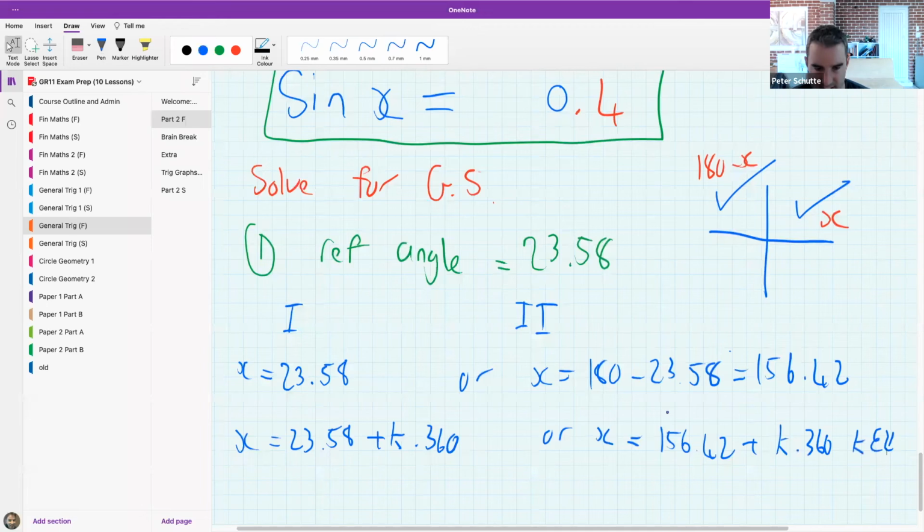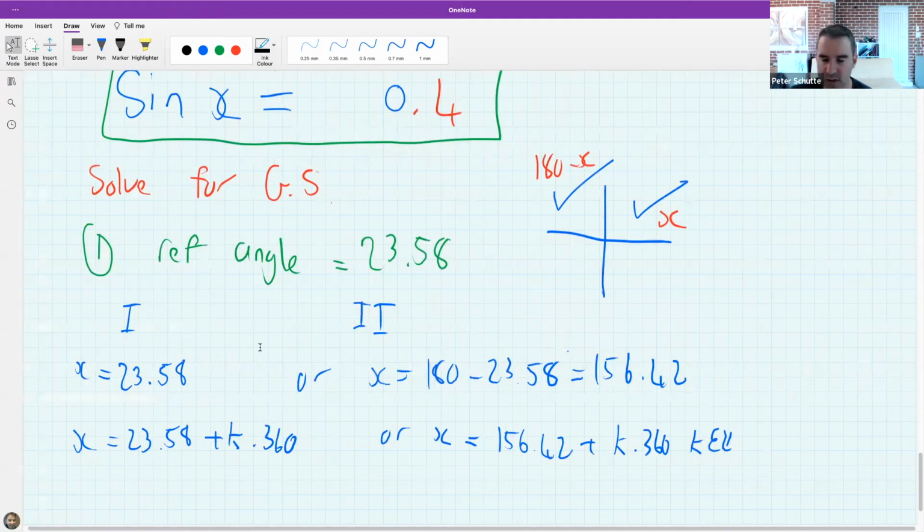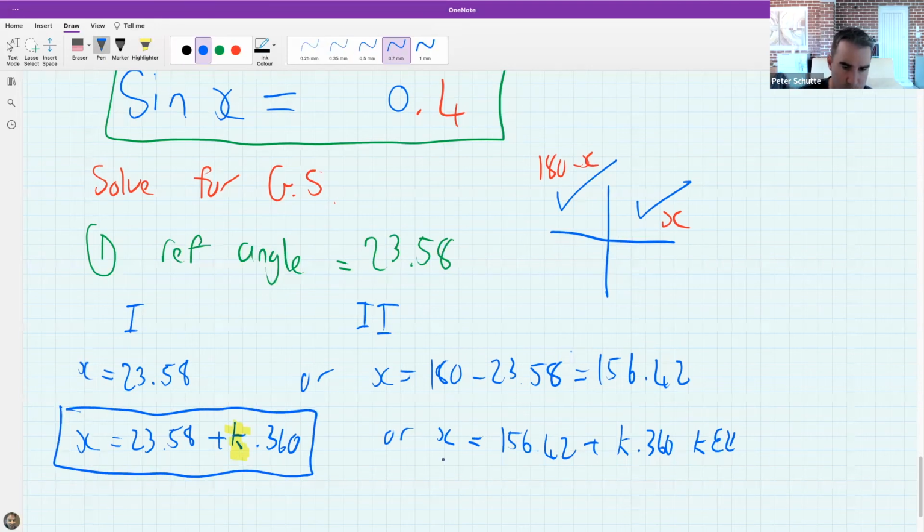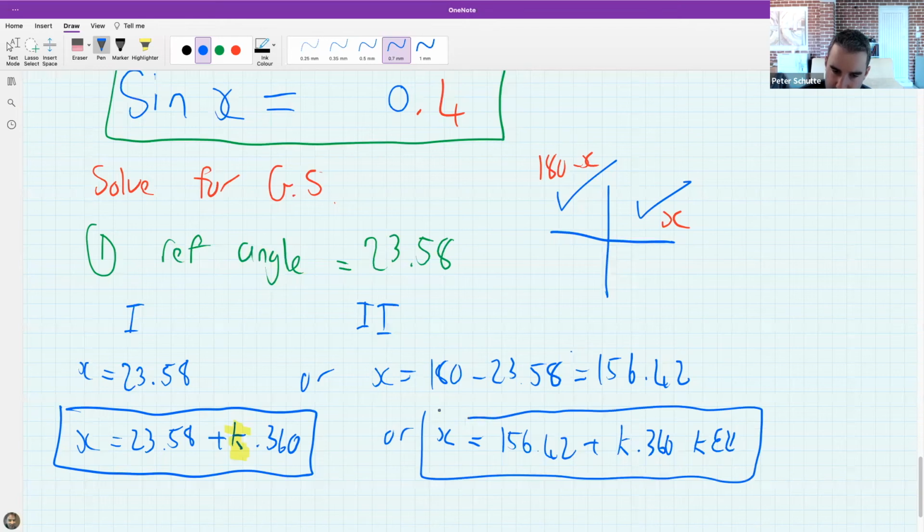All the k times 360 bit is saying that I could get another answer by making k an integer. For example, if k is 1, then I could get another solution, 23.58 plus 360, which would be 383.58. But for our purposes, the general solution would just be these two. Now that is the method.